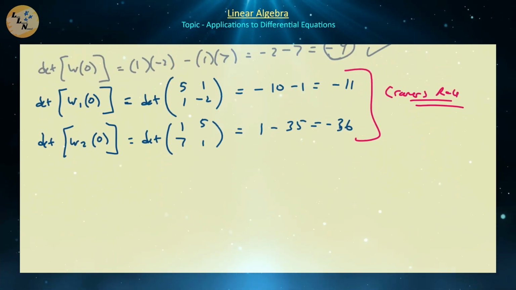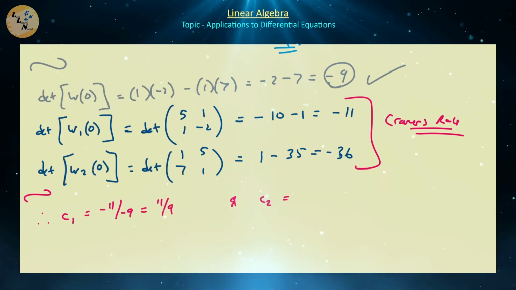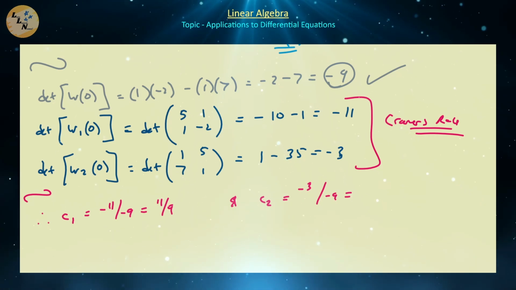From these three pieces of information, we can find that our constant c1 is going to be equal to minus 11 divided by minus 9, or just 11 over 9. And c2 is going to be equal to minus 36 over minus 9, which is 4.